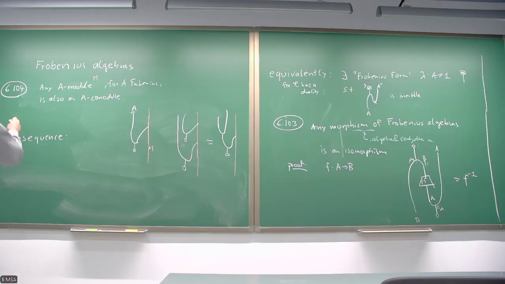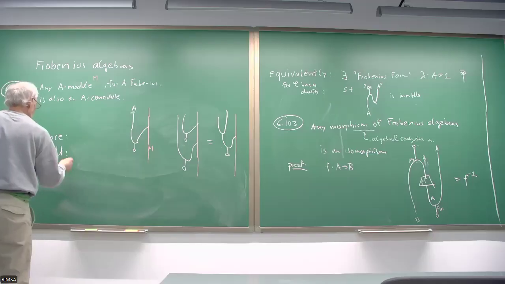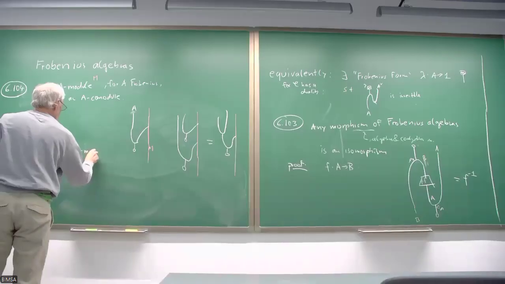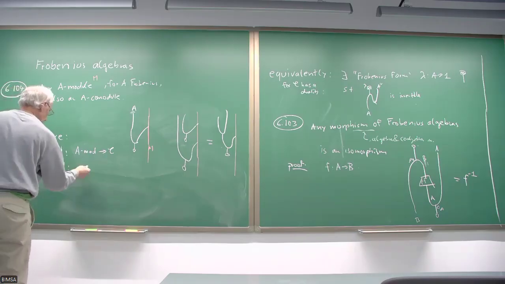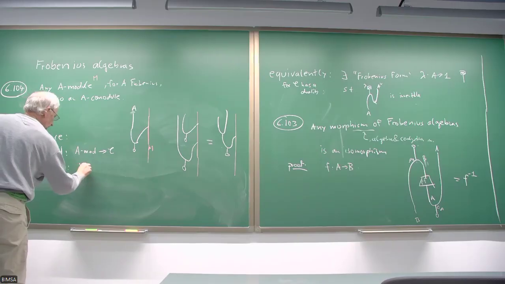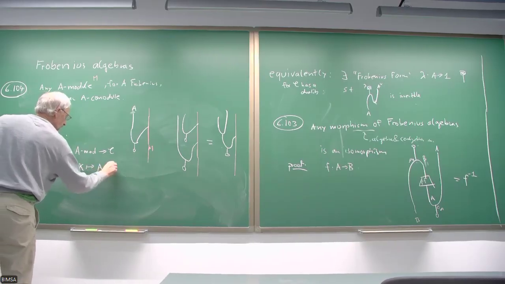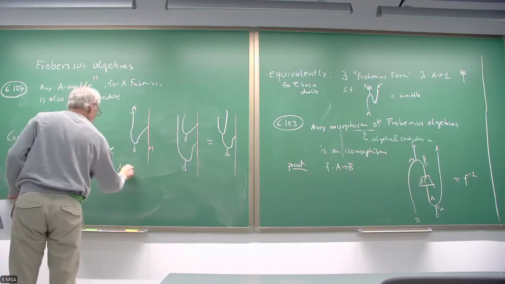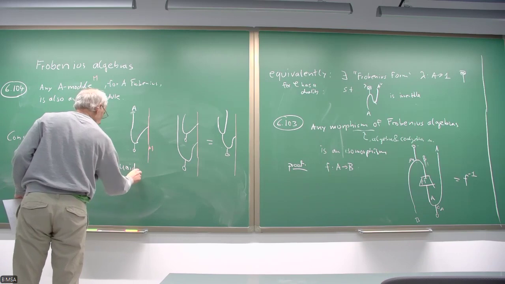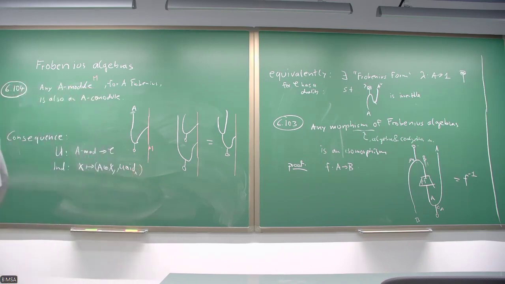So we have the forgetful functor U from A-mod to C, and the induction functor which sends an object X to A tensor X endowed with the action given by the multiplication times identity on X. And we have seen that this is a left adjoint.